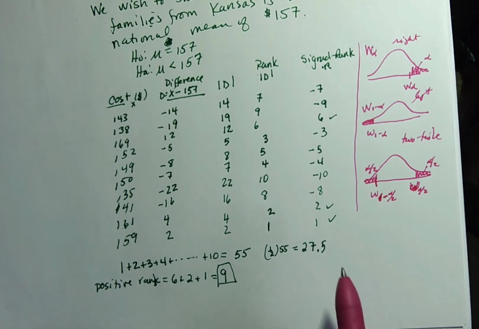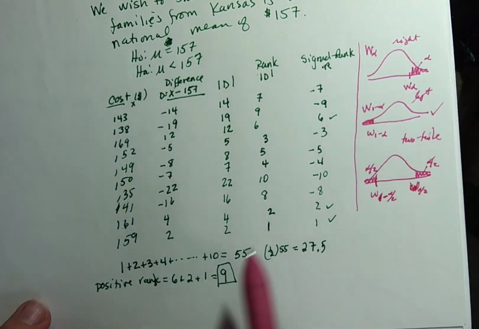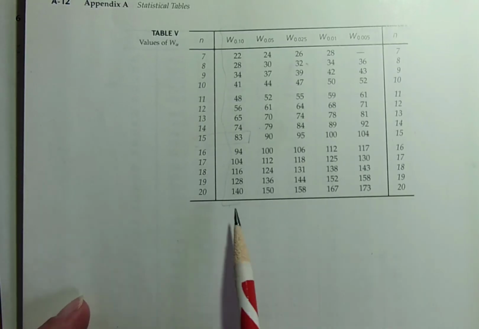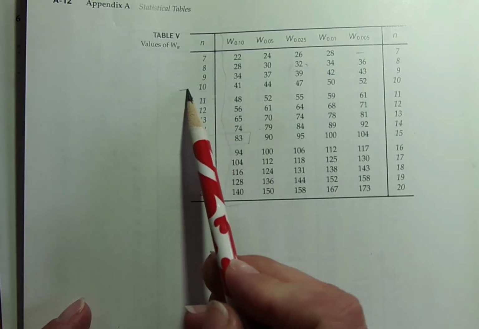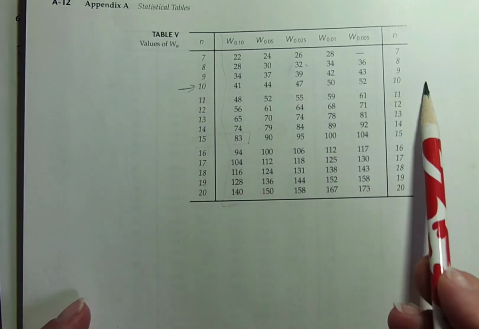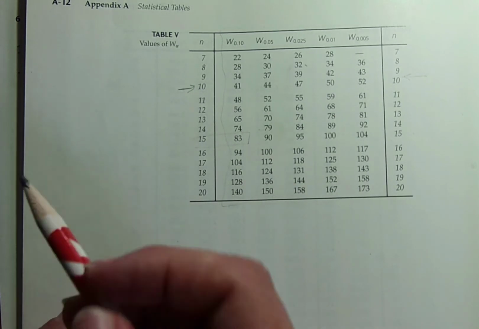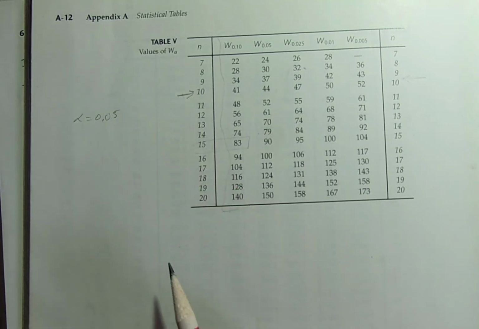And so we have to go look in the back of the book. Since we are in a left-tailed test, we've got to find out how to find our critical value and then look at what's happening with our problem. So with our problem, we're looking at n equal 10. That's this right here. And let's say that we were doing our test at a 0.05 significance level.